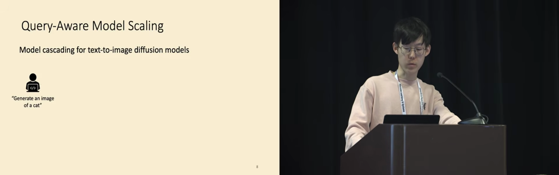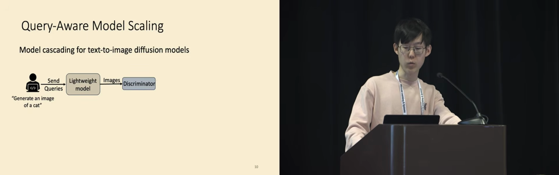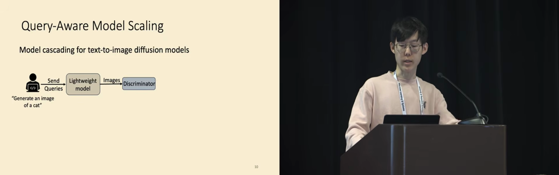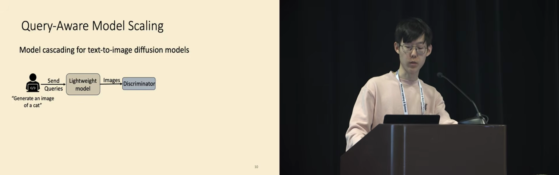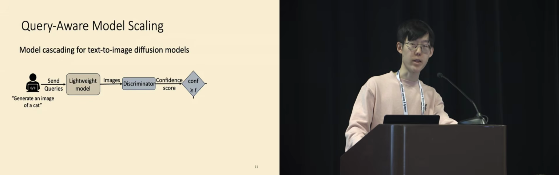Let's say we have queries from users, and every query first goes through a lightweight diffusion model. Then we add a discriminator that evaluates the image output from the lightweight model and estimates its quality. The discriminator outputs a confidence score, essentially how likely the image is good enough, which is compared with a threshold.